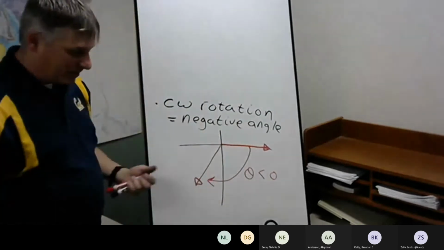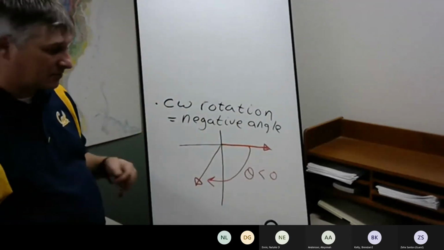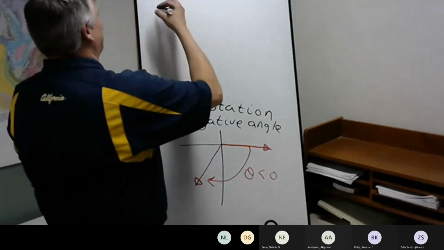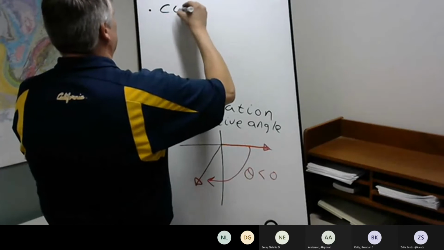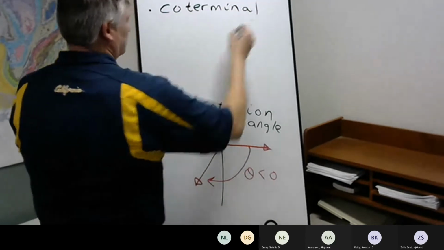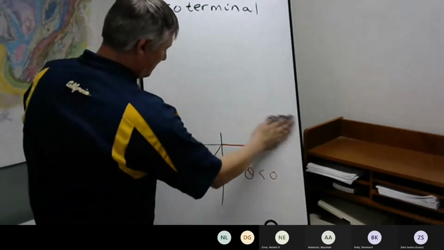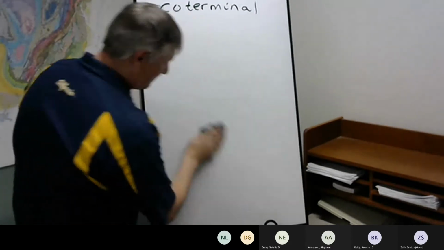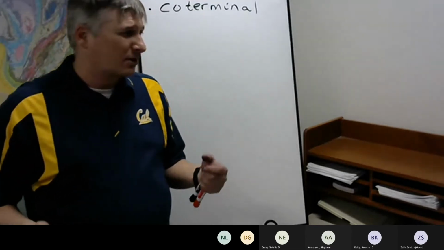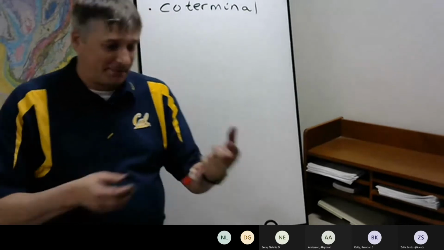So the last point I want to mention in angles is where you have multiple rotations, or what we might call coterminal. I'm just going to give an example of what it looks like. So a full rotation is 2 pi radians, or about 6.28 radians.